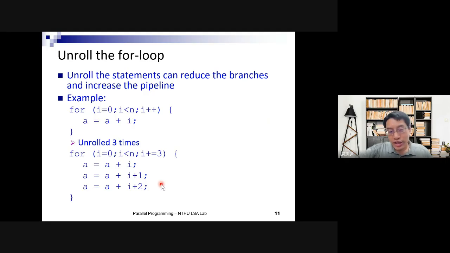And of course, there's the padding issue. At the end, maybe you will do a few more additional iterations, but overall, you can still achieve better performance. So it all depends on how well you know your program.